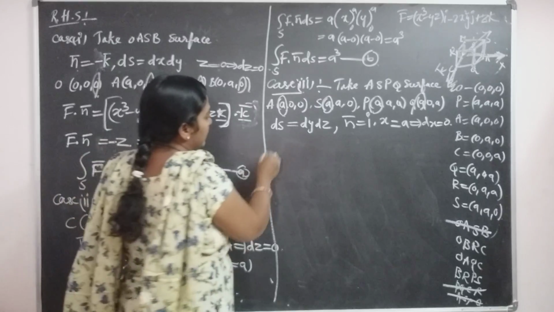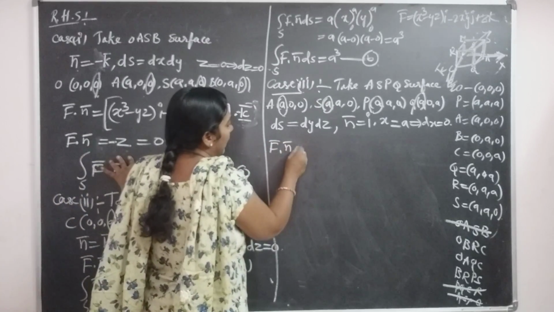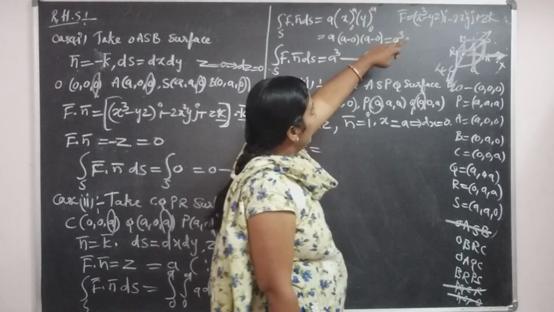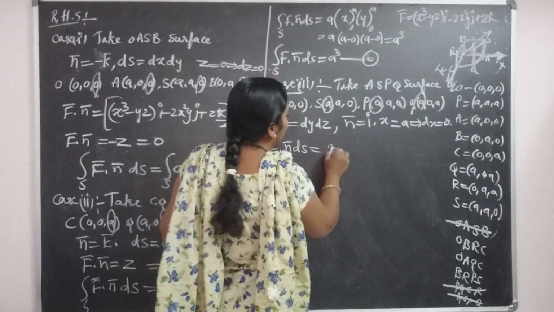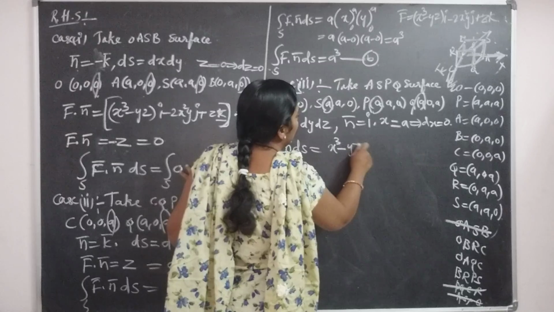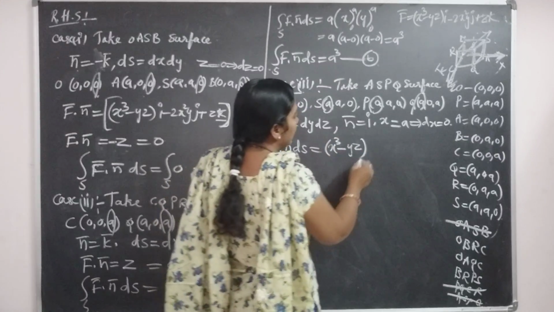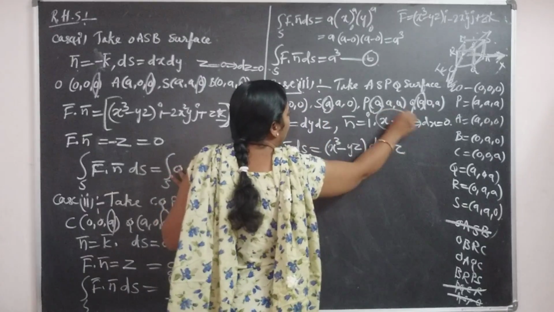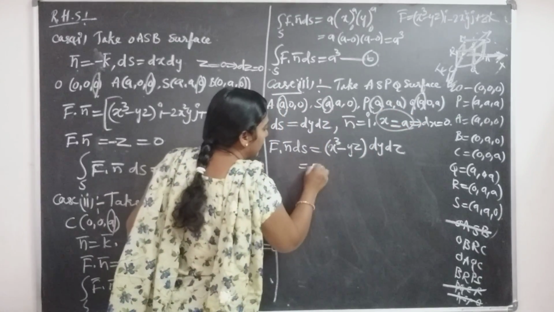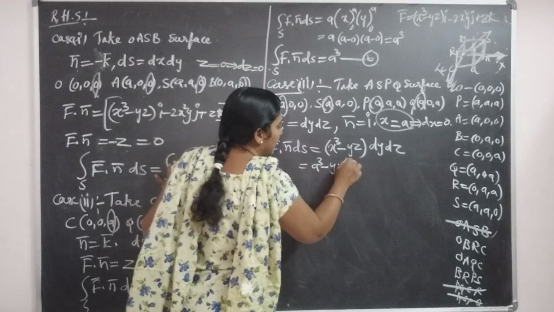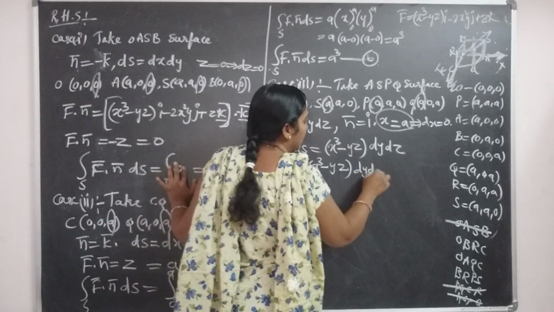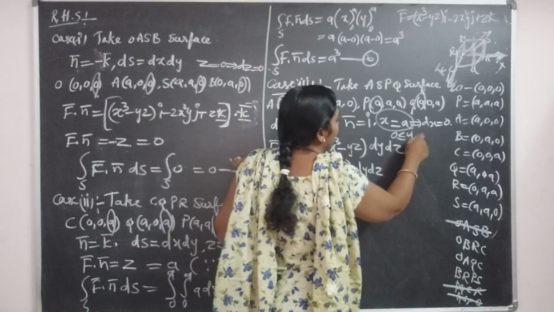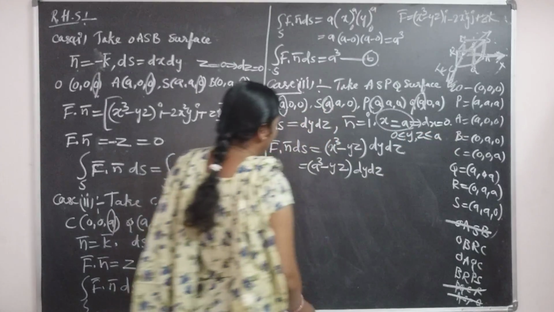F dot n dS is (x cubed minus yz) dy dz. Substituting x equal to a, we get (a cubed minus yz) dy dz, with y and z limits from 0 to a.